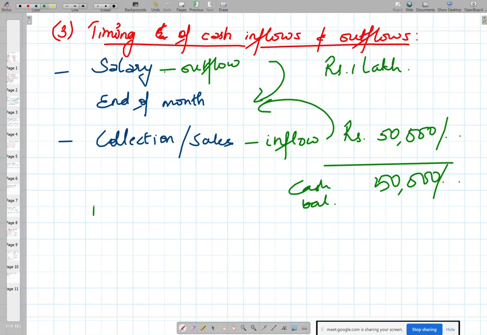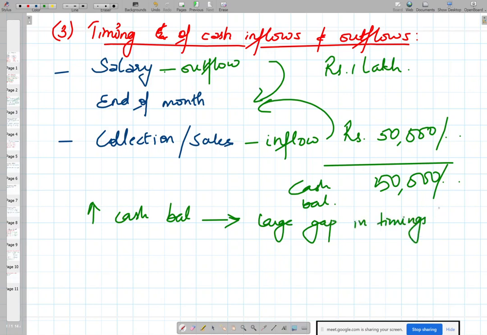So high cash balance if there is a large gap in timings and amount. Even the amount, like this 1,50,000, is a big difference, isn't it?